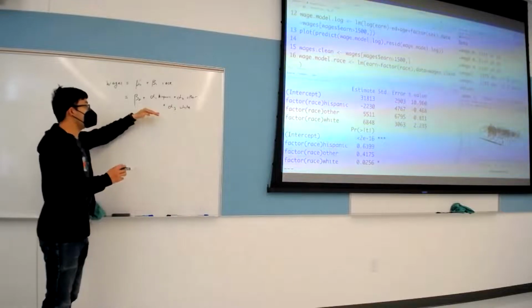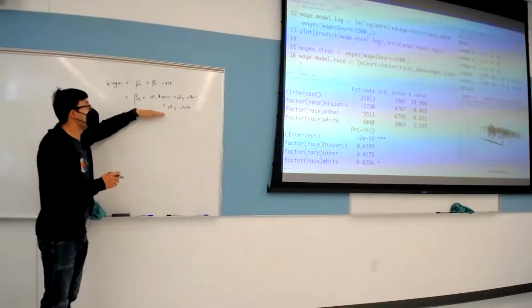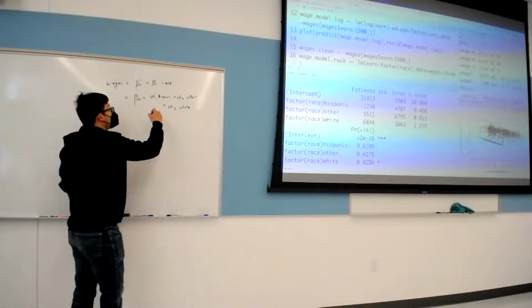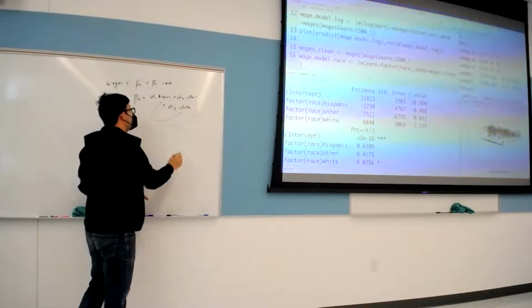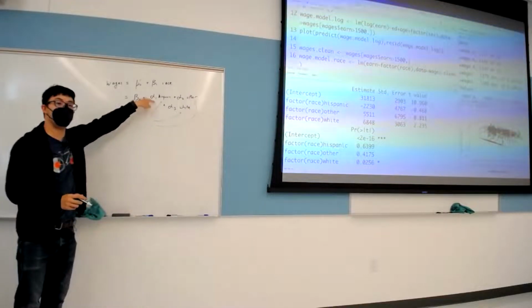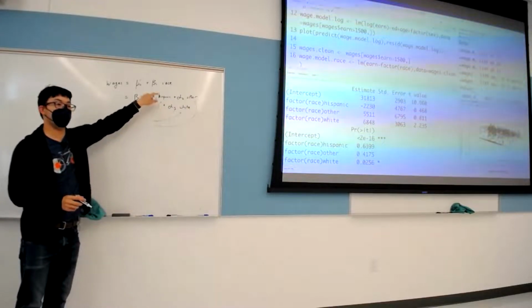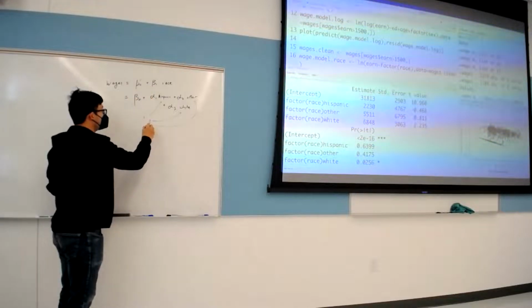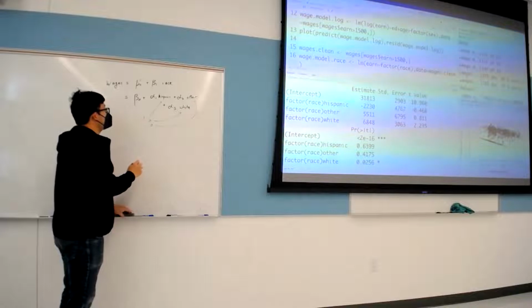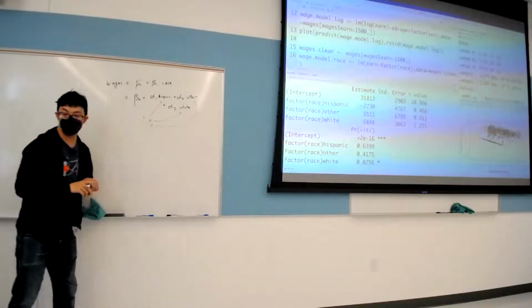In this line, these are all tied to each other, right? If you are one of these things, you cannot be any of these other things. So if Hispanic is 1, then these other ones have to be 0. That's one configuration.